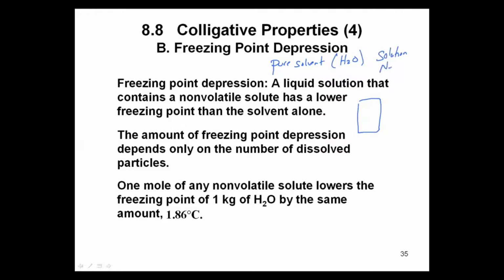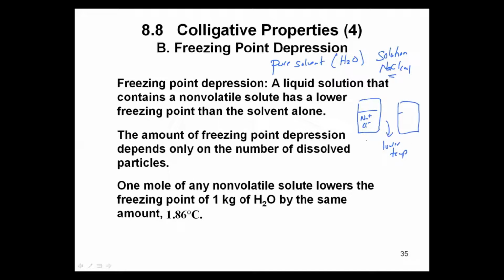When you dissolve that, you have all these sodium ions and chloride ions getting in the way of the water coming together to freeze. So it ends up freezing at a lower temperature, as opposed to if you just had H2O in there.